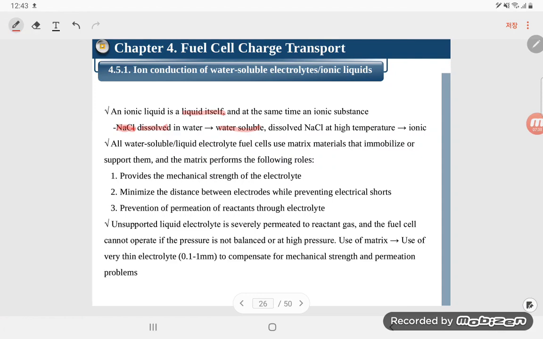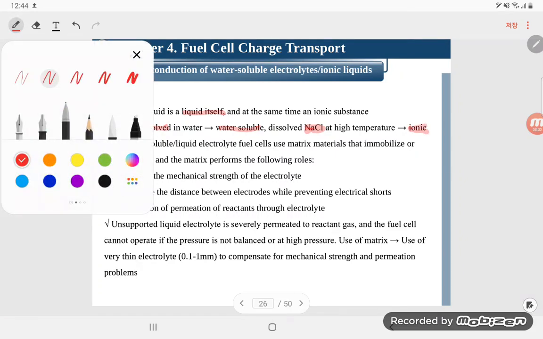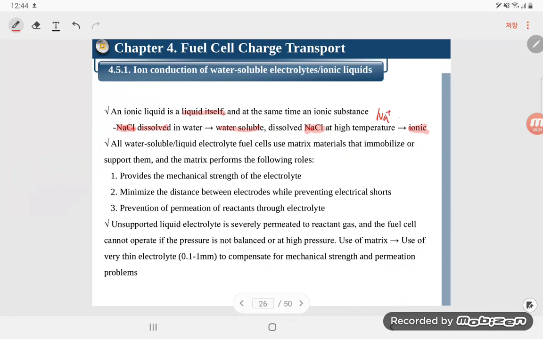And if we increase the temperature and apply heat to the sodium chloride, then it will melt, right? So it would be molten. So it exists in the form of ions, and it has conductivity by itself because this is a liquid itself.